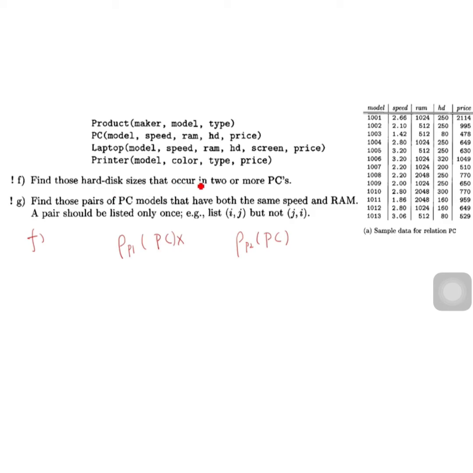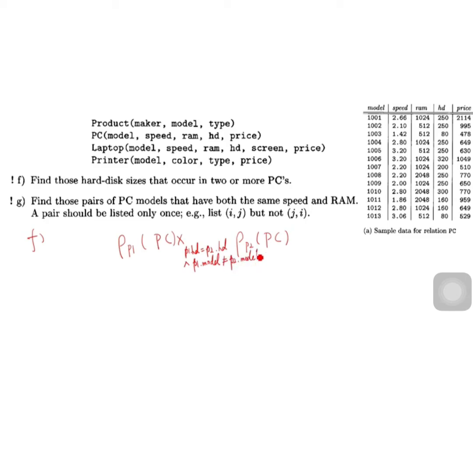And choose HD size that occurs in 2 or more PCs. It means that when we cross-join PC and PC, we can find the tuples in the result for which P1 dot HD is P2 dot HD and P1 dot model isn't P2 dot model.